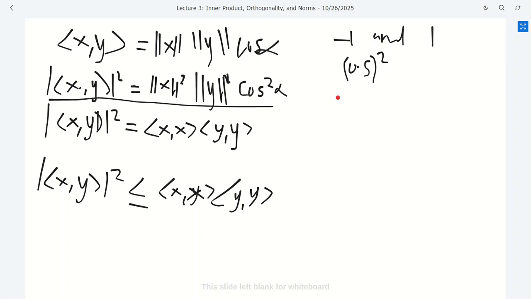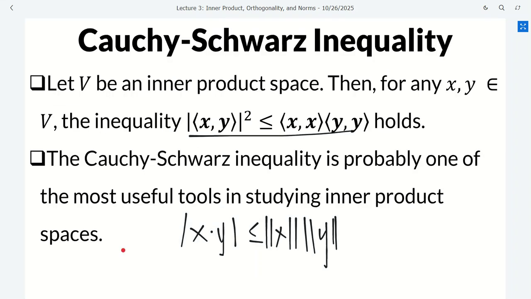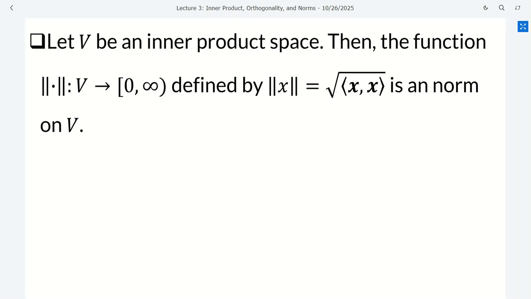But if it falls between -1 and 1, when you square it, it's going to decrease. So it's going to let this part of the inequality decrease. That's why the Cauchy-Schwarz inequality is like that. Any question? So the Cauchy-Schwarz inequality has been proven. Let's proceed.